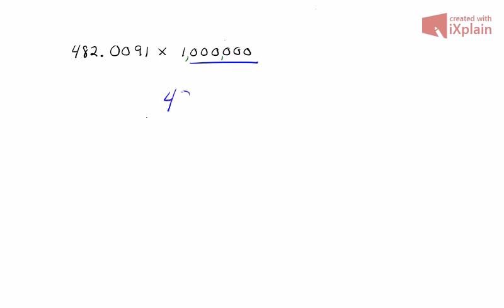So what I'm going to do is take my first factor that's been provided to me, and I'm just going to kick it back 6 times. Because that is essentially what we are doing when we are multiplying by a multiple of 10.